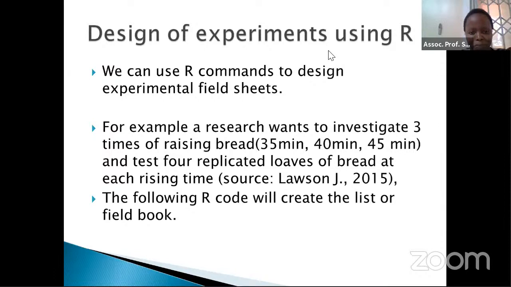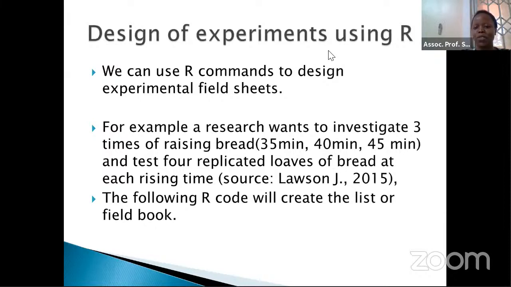Let me have more responses. We have 3 treatments of bread. Remember, bread is our experimental unit. You will ask me what is an experimental unit. One person has said 1, and another one has said 2.